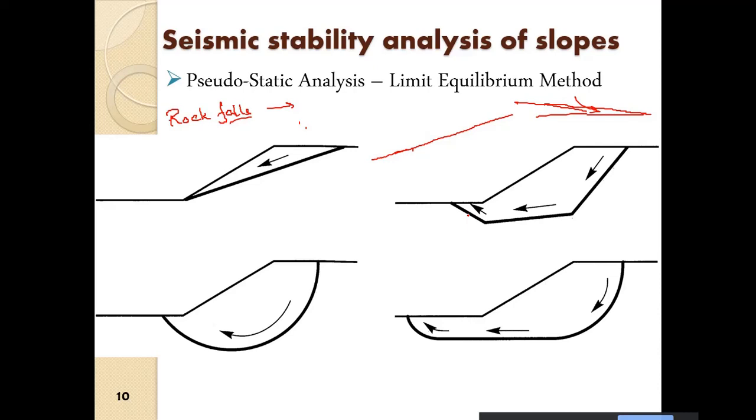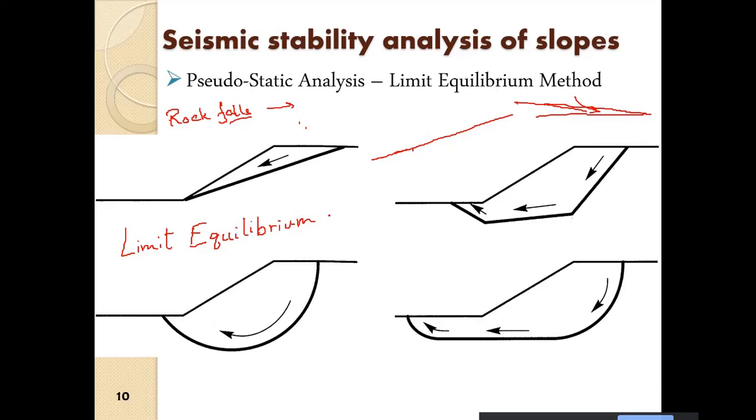Just as we learned in the Coulomb's wedge method, we apply the limit equilibrium method. That was the first method developed for analyzing the stability of slopes.